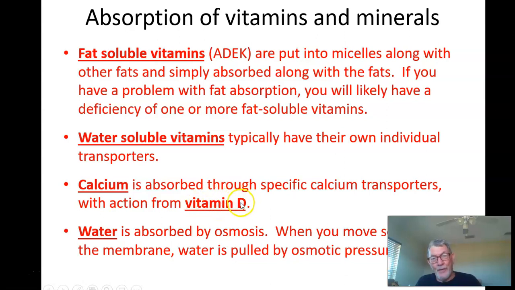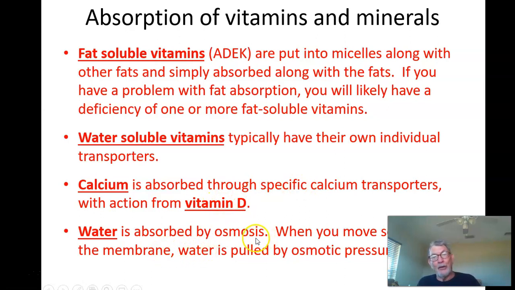Remember, that's one thing your kidneys do to help you increase calcium. And with the help from parathyroid hormone, remember, that's your calcium increaser, parathyroid hormone helps activate vitamin D, so it can help activate your calcium transporter, so you can absorb more calcium. Need vitamin D and calcium.